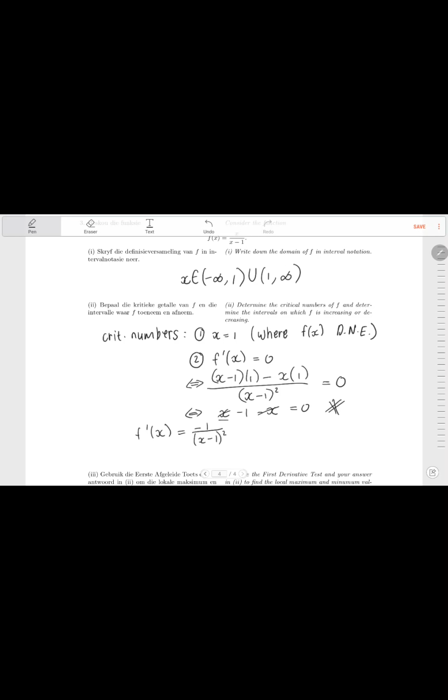But our numerator is a constant value that's always negative. So we have a negative divided by a positive. So that's always going to be negative. So it's less than 0 for all x in the domain. And that means if our first derivative is negative, f is decreasing for all x in the domain.